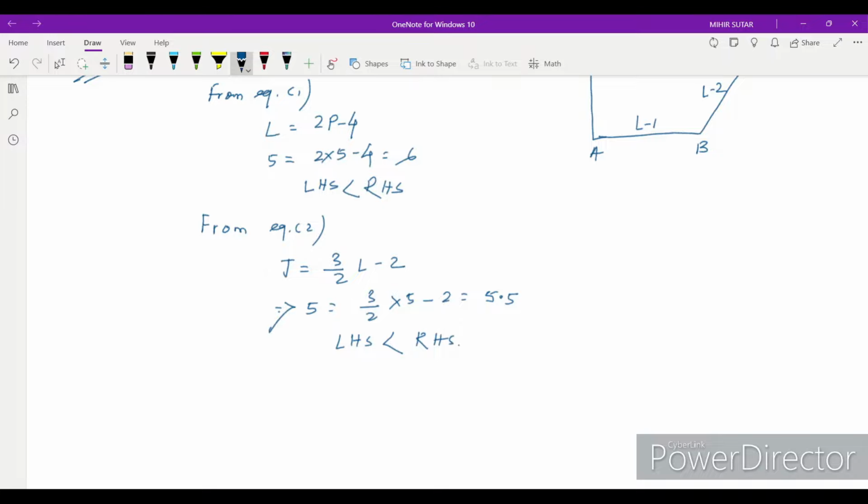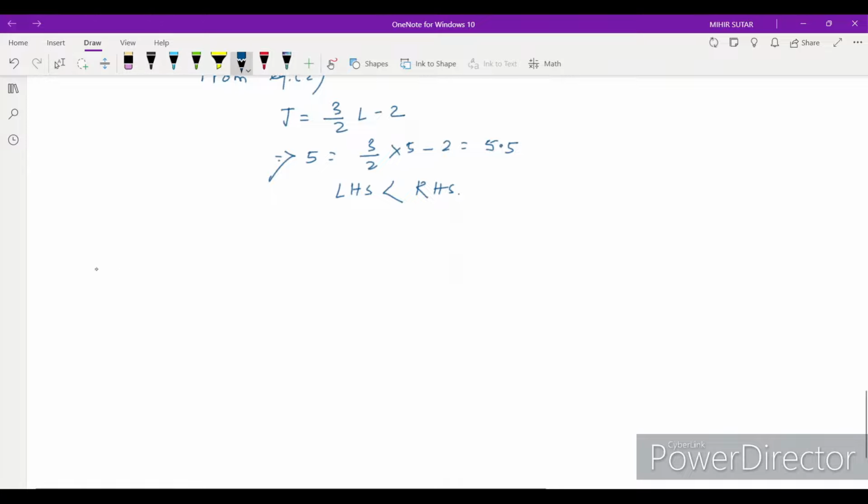This condition arises when LHS is less than RHS, and it is called an unconstrained chain. Okay, unconstrained chain. So you remember these three categories. It will be helpful for you. Okay, this much I would like to tell you. In forthcoming classes we will continue.